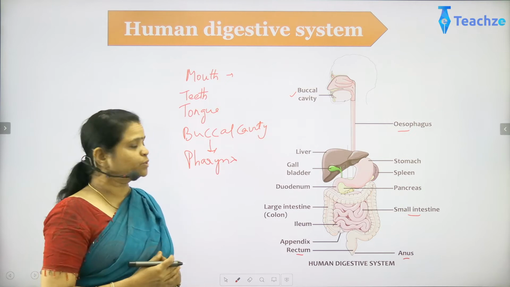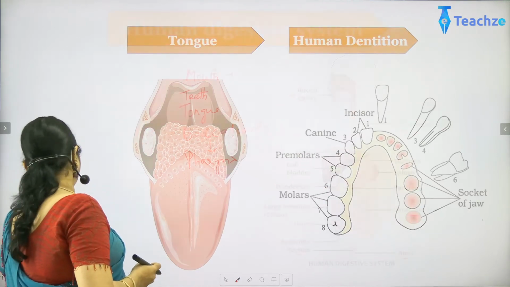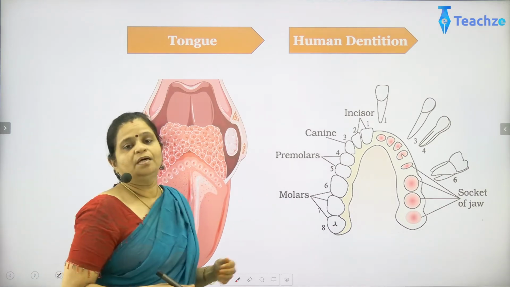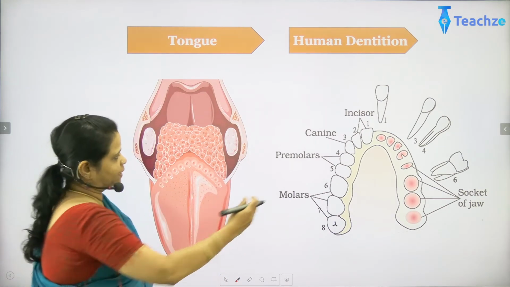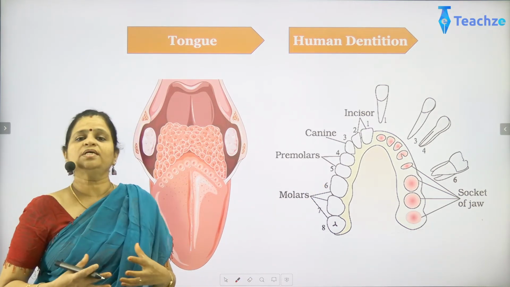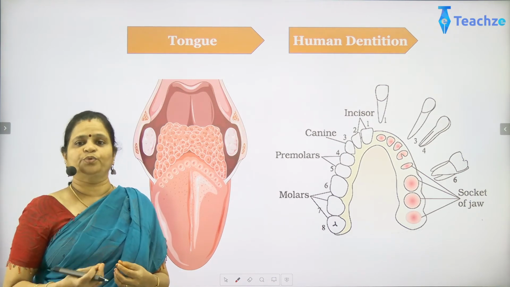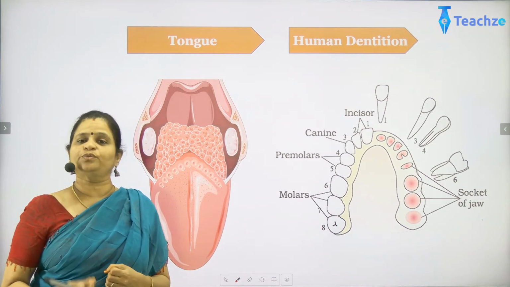Now coming to the mouth region, we all have teeth in our mouth, and what is the function of the teeth? Looking at the diagram, you can see that these are the teeth here and this is the tongue present here. Now what is the use of the tongue for us? As soon as we put the food into our mouth, the first thing we do is taste it.